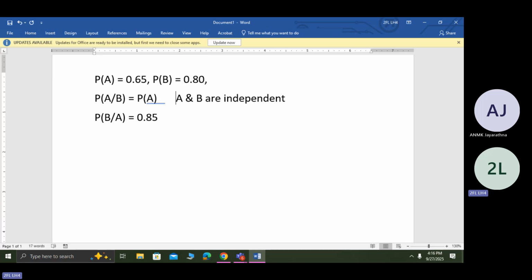Then the second one says probability of B given A, and based on the third point we assume A and B are independent.